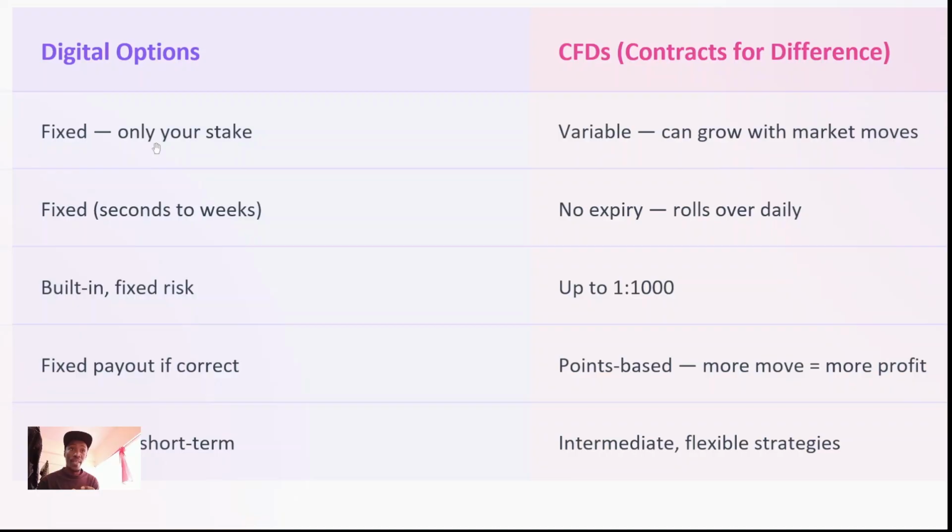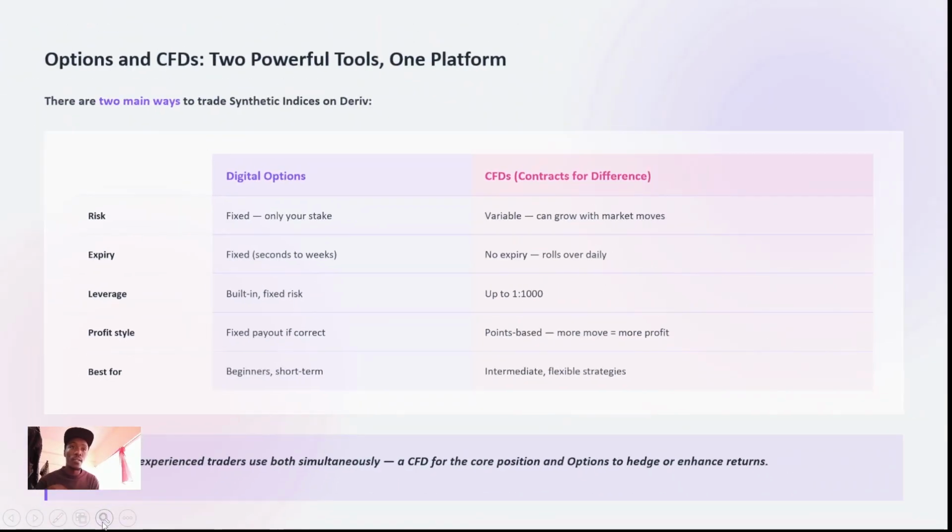So yeah, this one is fixed. In terms of risk, your risk is fixed, and in CFDs your risk is variable. This is if you are in a buy position and the market is moving to the upside. The more the market moves to the upside, the more profits you make.